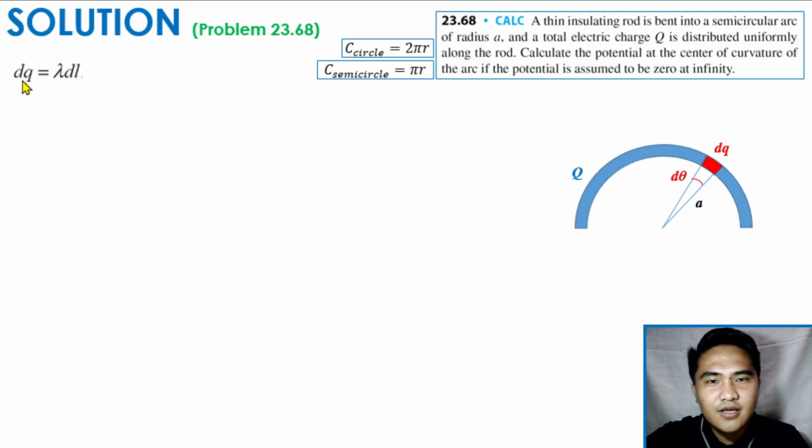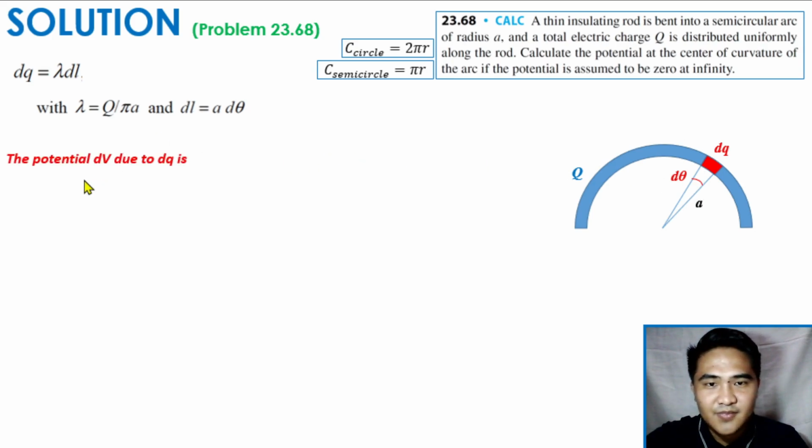So we know that dq is equal to the linear charge density lambda times dl, with the linear charge density equal to the total charge of the rod divided by the circumference of the semicircle, and dl is equal to the product of the radius a multiplied by d theta, or the angle of the segment.